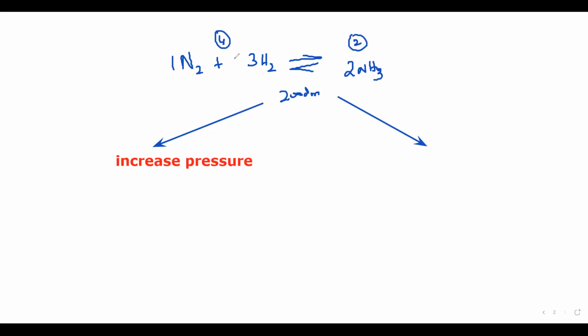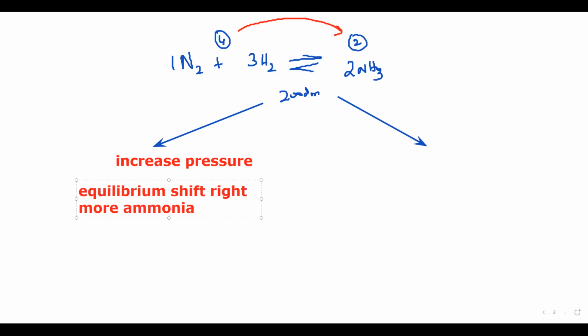So when we increase the pressure, the equilibrium will shift towards the right hand side, and we will get more ammonia. Because pressure and rate are directly proportional, the rate will also increase.